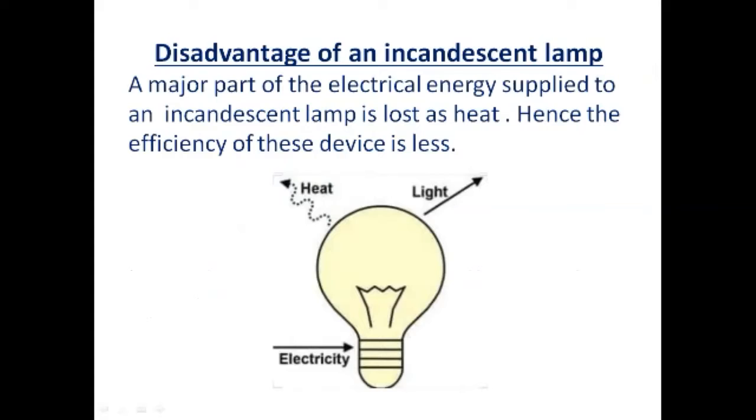When we apply electricity to an incandescent lamp, we get light, but after some time, if we touch the glass shell, it is very hot. The electricity is converted to light energy and heat energy, so electricity is wasted as heat energy. That is the main disadvantage of an incandescent lamp.